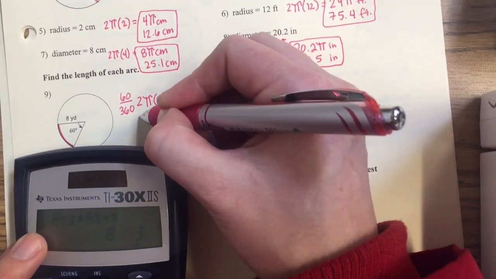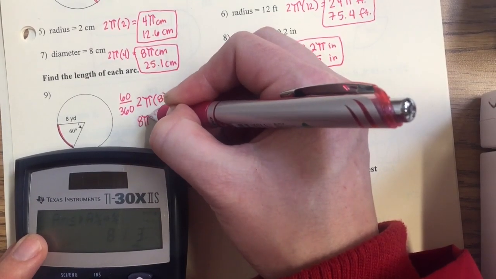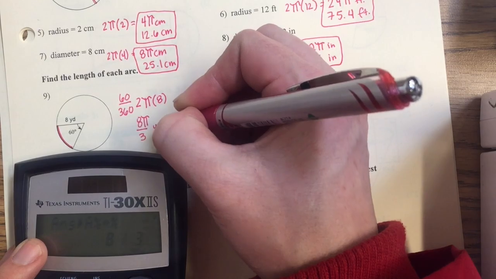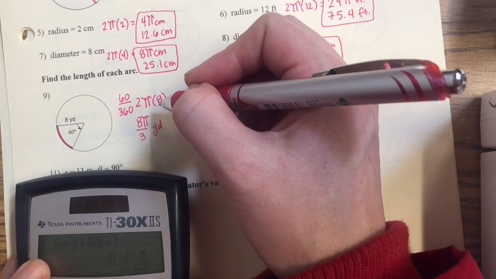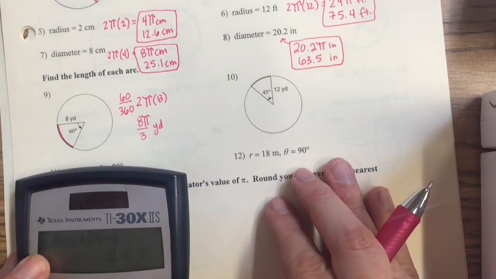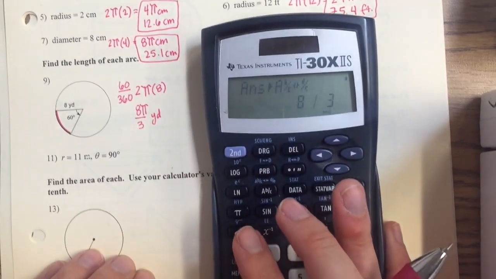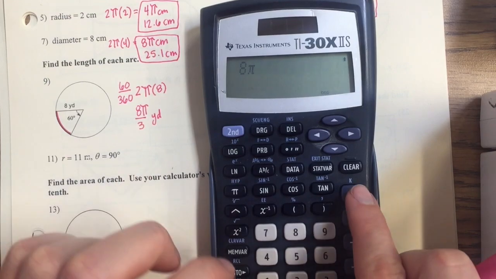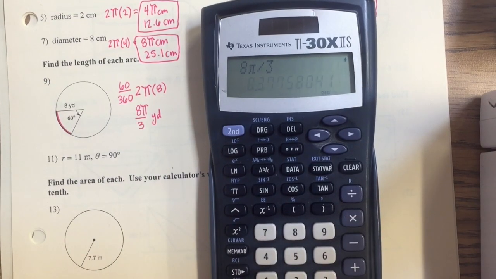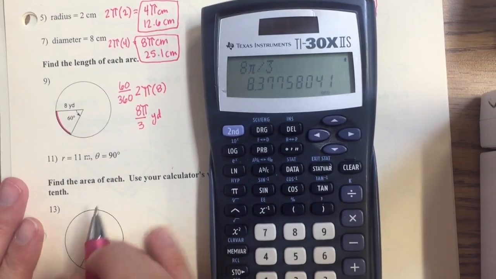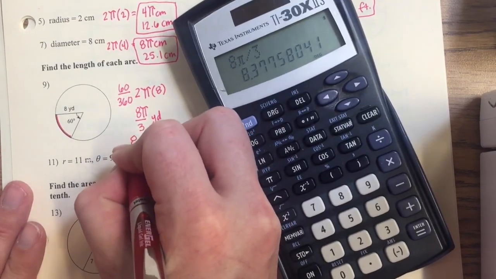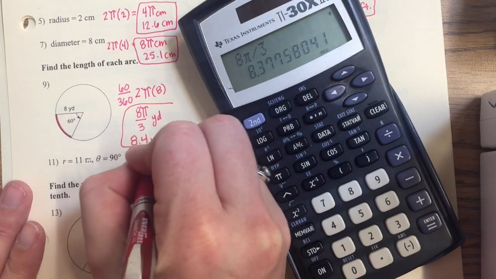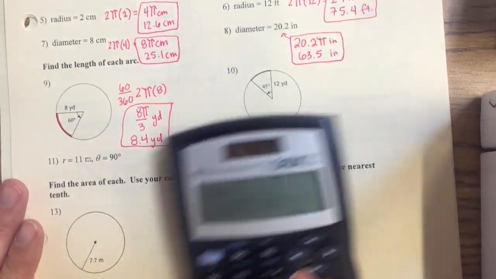So this would be 8 pi over 3 yards. That's my one answer. Then I'm going to enter it in. So I'm going to say 8 pi divided by 3 is 8.4 as a decimal. And those are your two solutions.